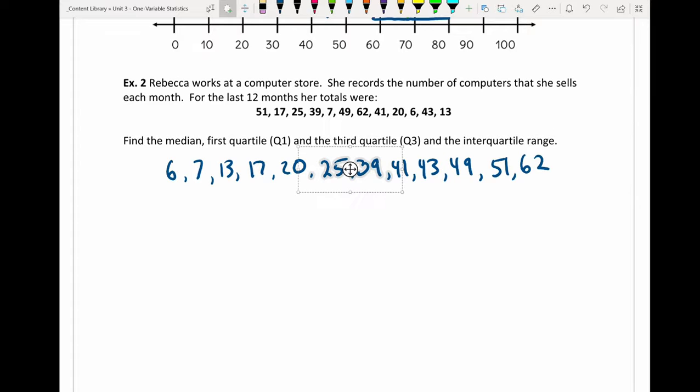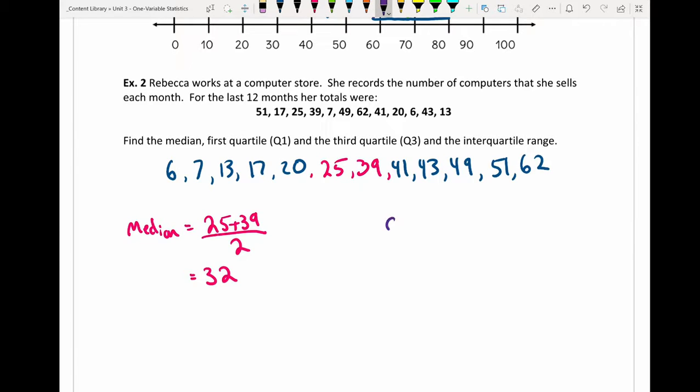There are our two middle numbers. So my median is going to equal 25 plus 39 divided by 2, which is 32. So my median, or my Q2, is 32.